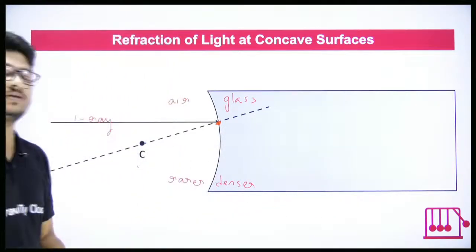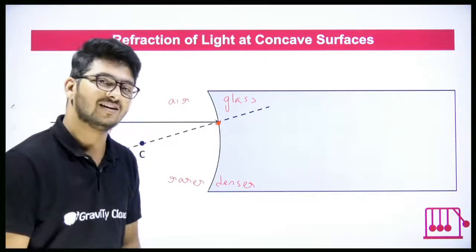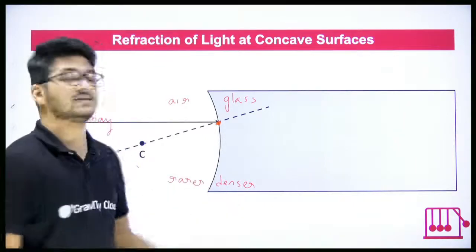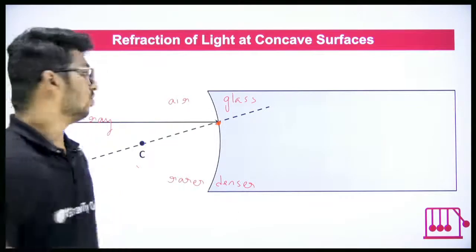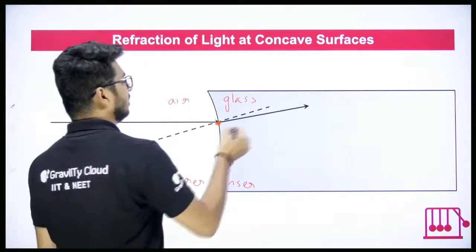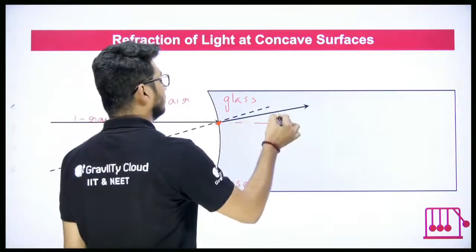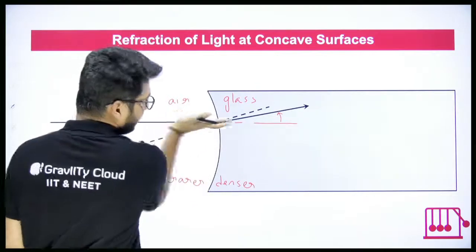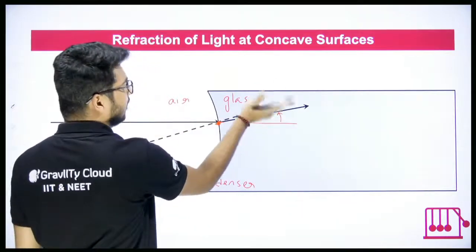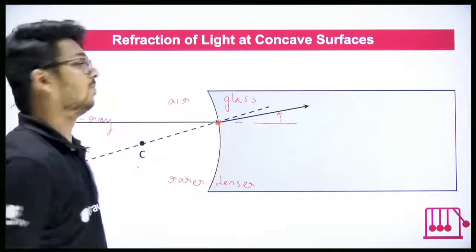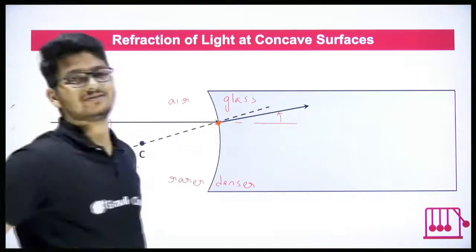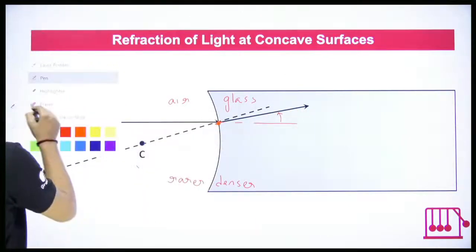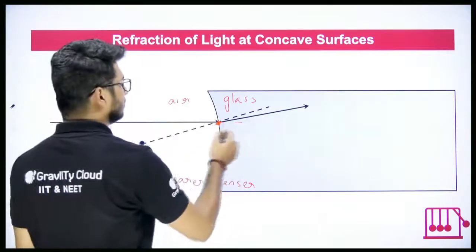Will it bend towards the normal or away from the normal? Rarer to denser, what happens? It will bend towards the normal. So see, it is bending towards the normal. This should be the direction of the incident ray, but it bent. In which direction? Towards the normal. Normal is upwards. Understood? So that's how it is.